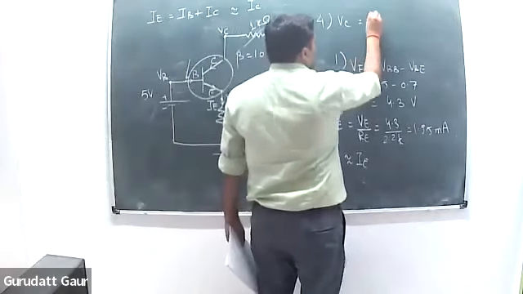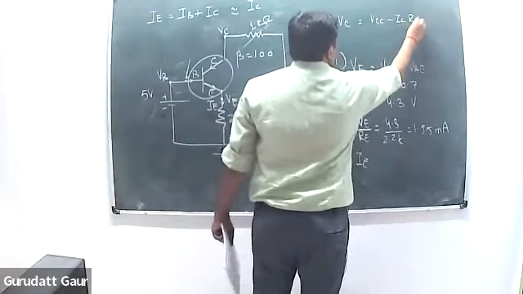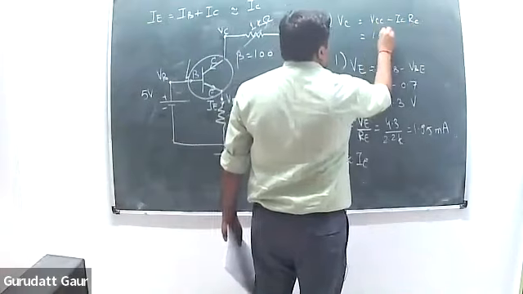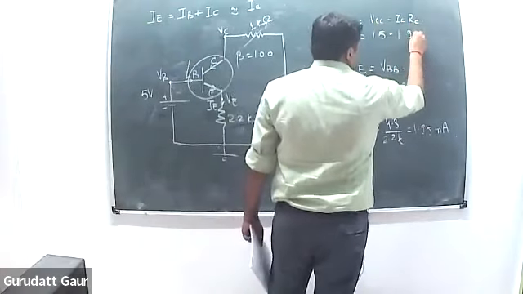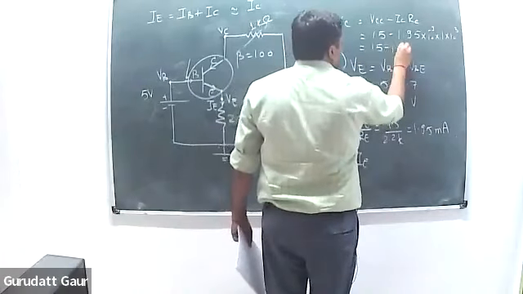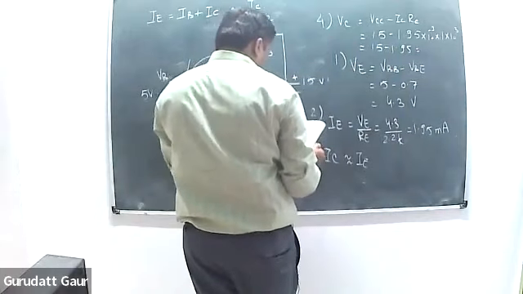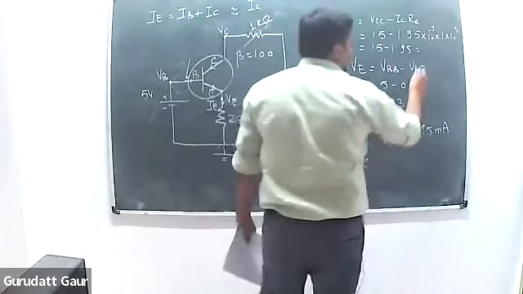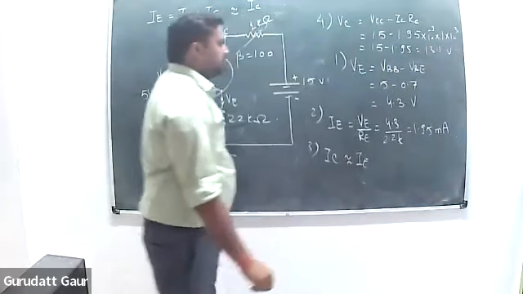So this will be VCC minus IC RC. Which is 15 minus IC, which we calculated to be 1.95 milli, so 10 power minus 3 into RC, 1 kilo, 10 power 3. So 15 minus 1.95, and that will come out to be 13.1 volt, roughly.